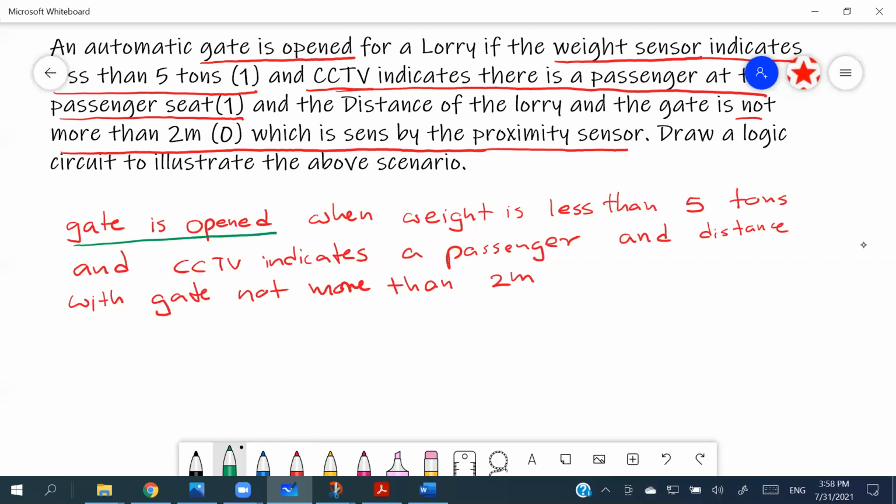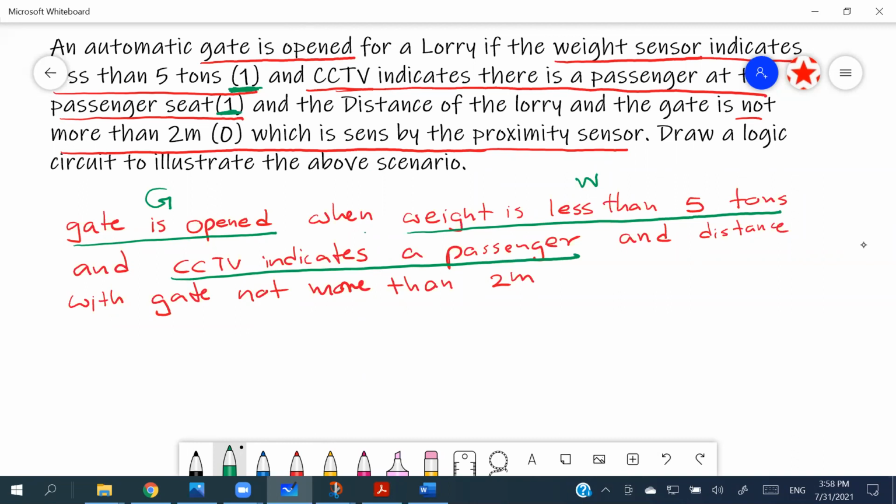So gate is open, we can say it is G. Weight is less than 5 tons. We can take it as W because it indicates 1 over here, right? And CCTV indicates passenger. Again, it indicates 1.